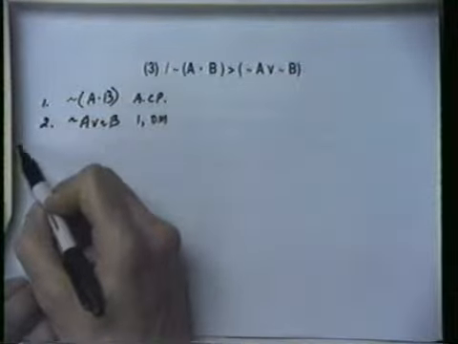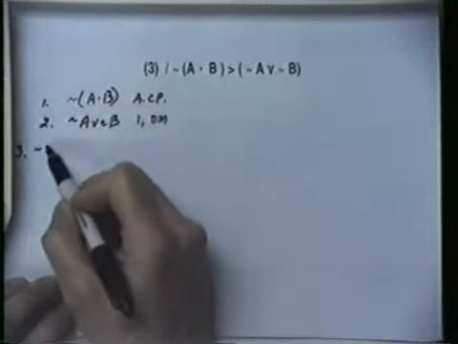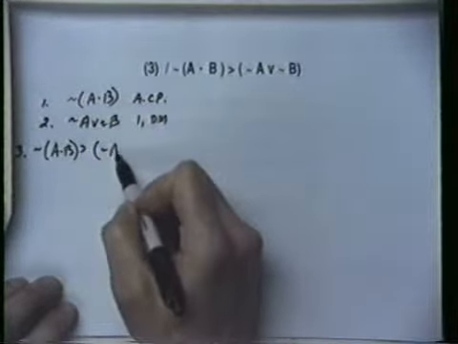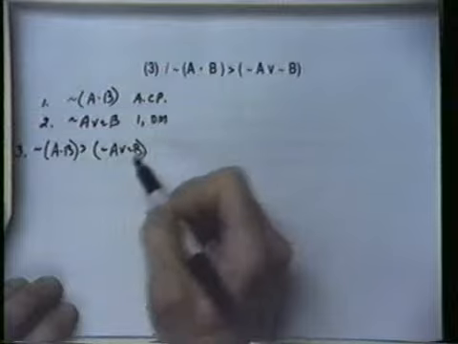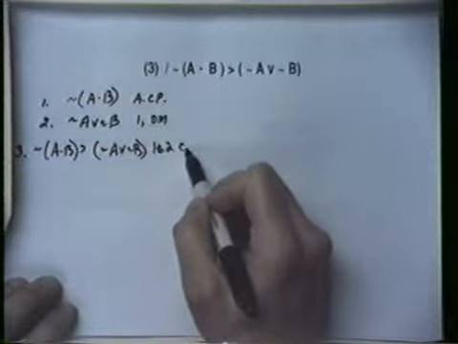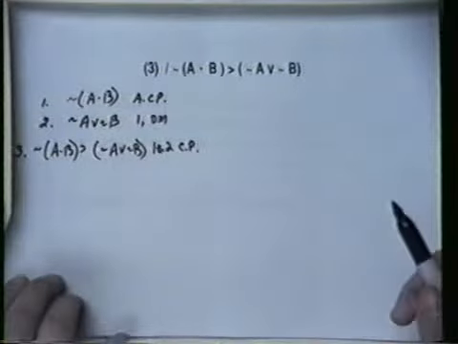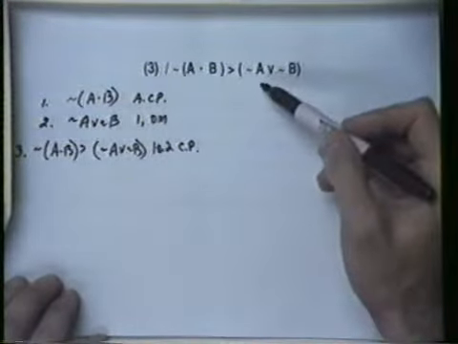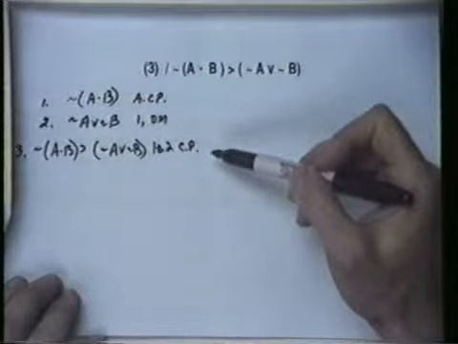We can then discharge, and the third line says not (A and B) hooks not A or not B, citing 1 and 2, conditional proof. So it turns out that the conditional proof strategy applied to this tautology gives you a very simple proof.